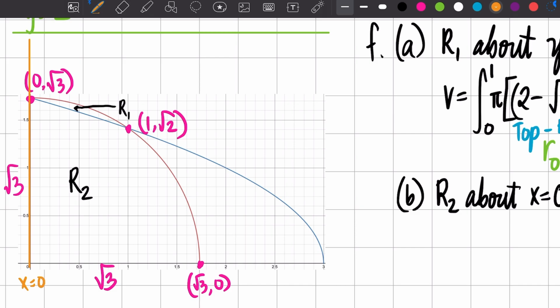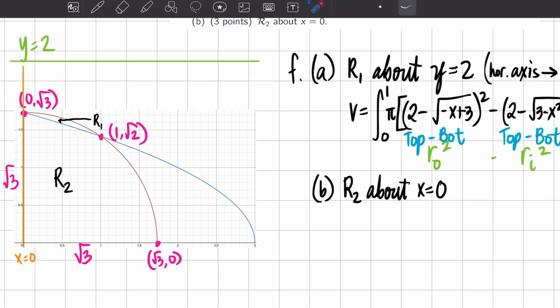The problem with R2, so let's try to imagine the washer. Unfortunately, we don't have space right here, so we will just draw a washer somewhere right here. I'll draw half a washer. The problem is, in this part, your radius would be from the blue one until this one already.